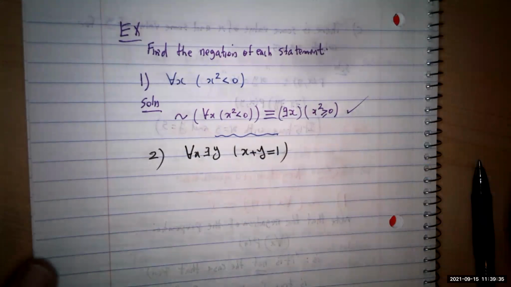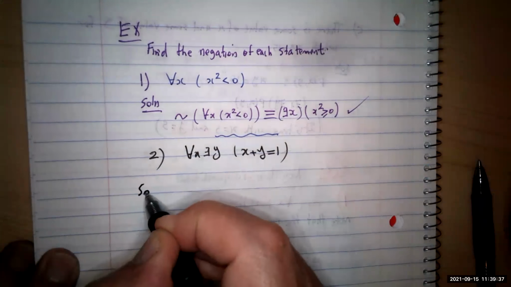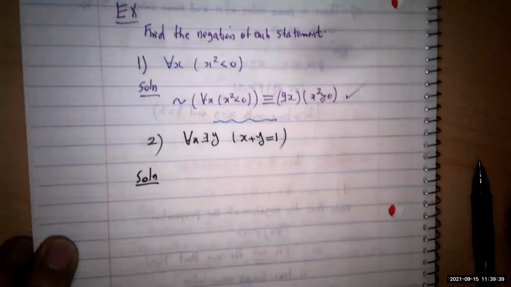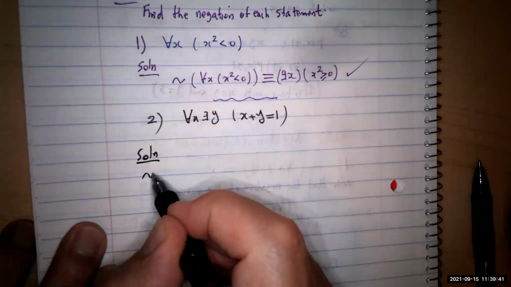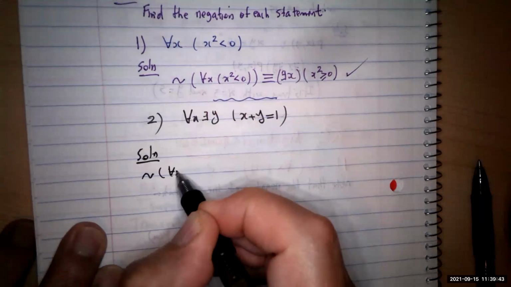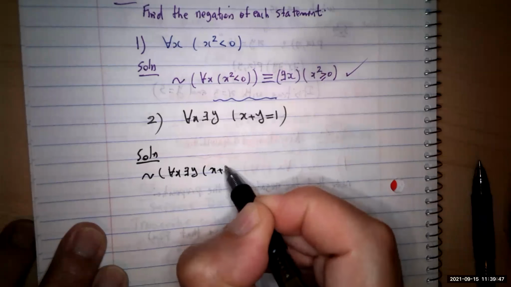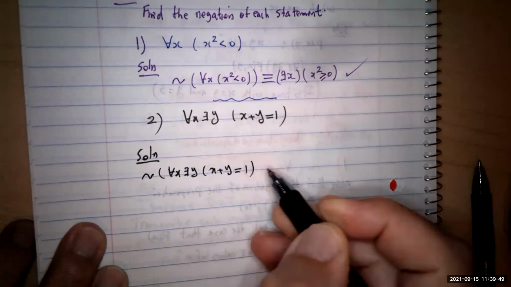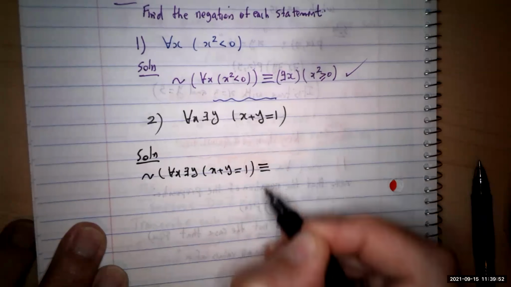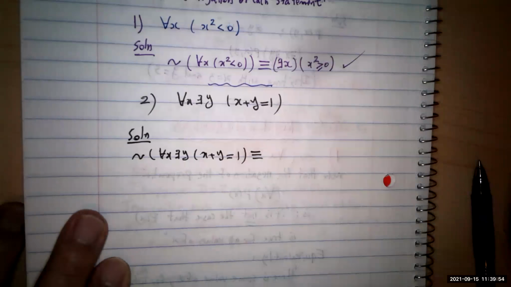So the solution is going to be, you start with the given one: for all x, there is a y such that x plus y is equal to 1. It's going to be equivalent to, any suggestion? What's the result? Anybody want to try?